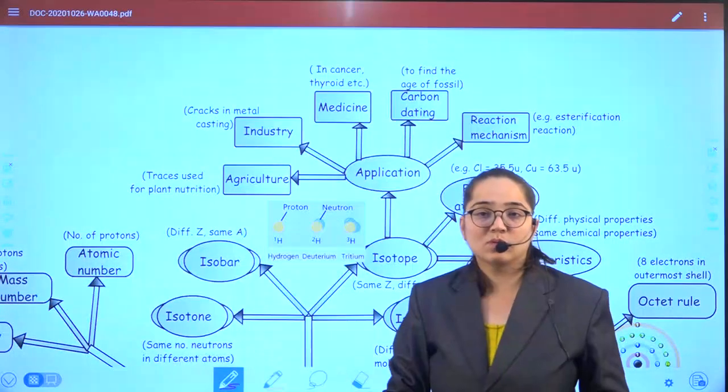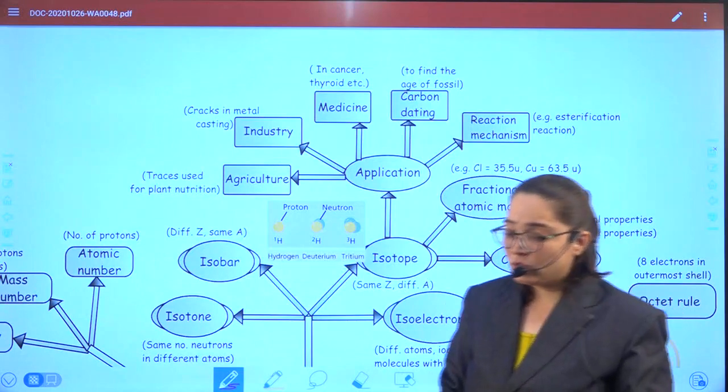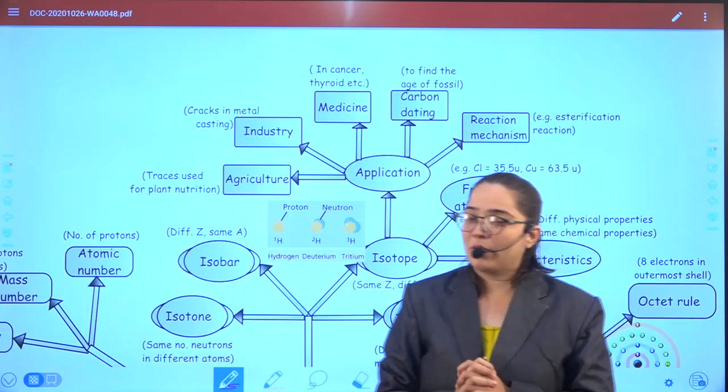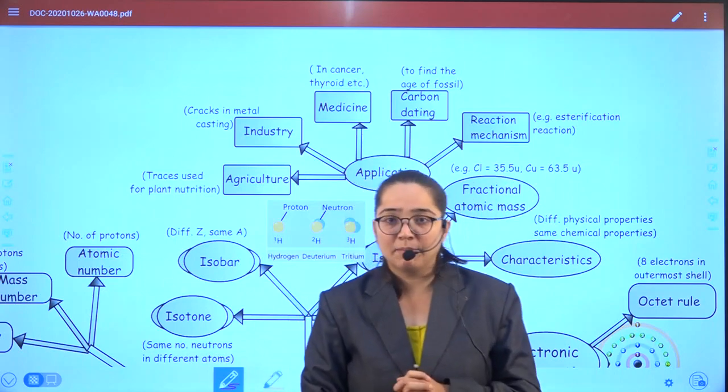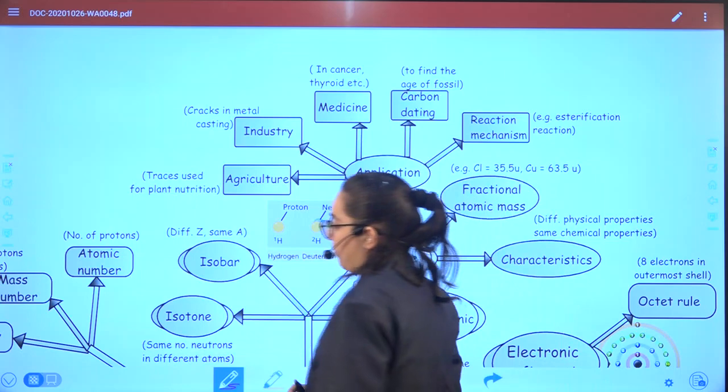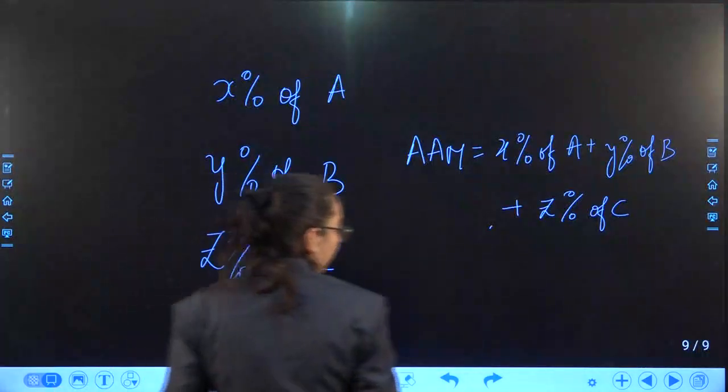Next comes isotones. What are isotones? Isotones are those compounds which have the same number of neutrons, but the atomic number and the atomic mass are different. Now how is that possible? Yes, it's possible.